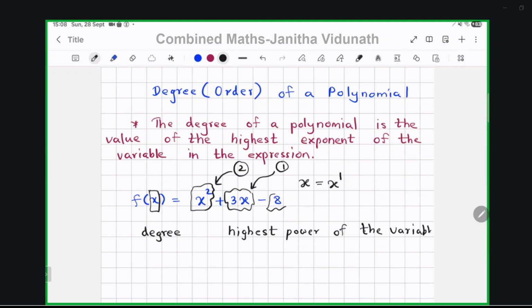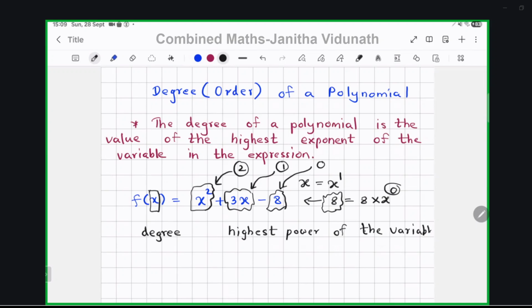In the last term, 8 can be written as 8 times x to the power 0, so the power of the variable of this term is 0.